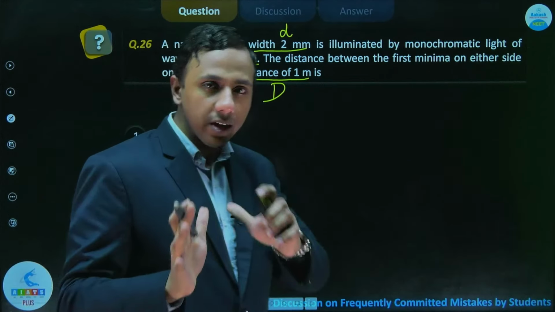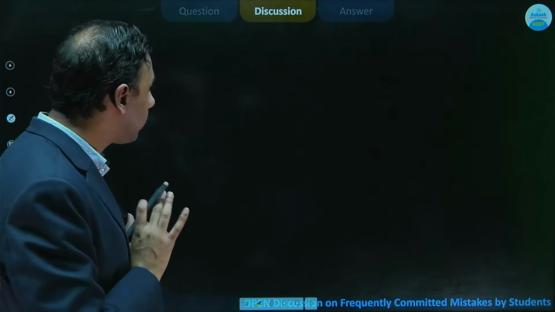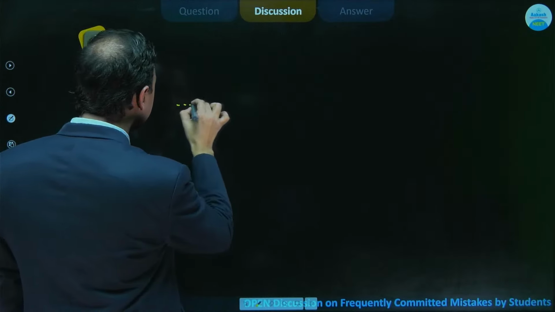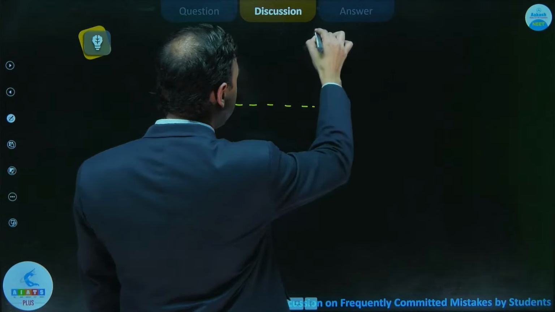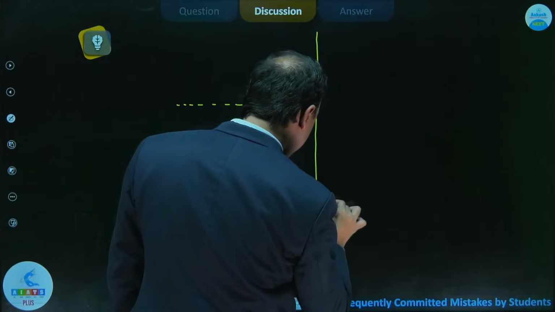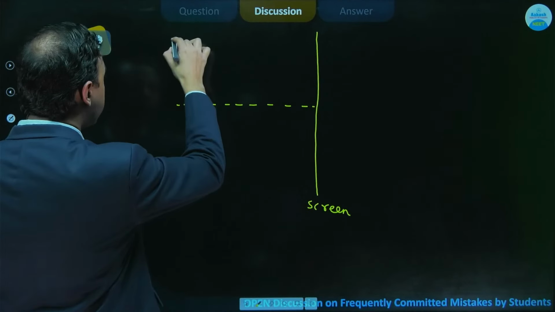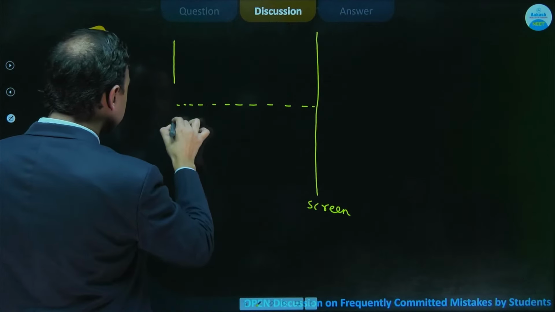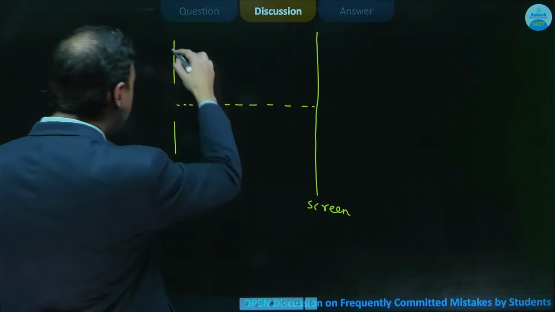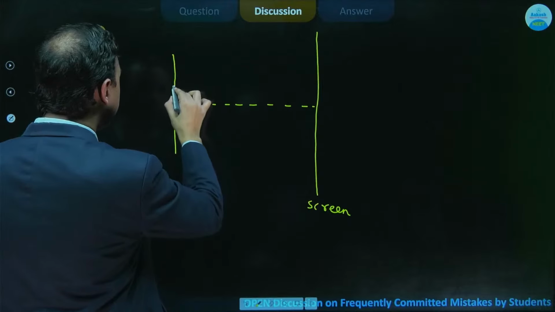So let's draw a rough diagram once again, a small rough diagram. Let's say this is your screen over here, and here is your slit. If we want, we can draw the slit a little smaller also; it doesn't matter.